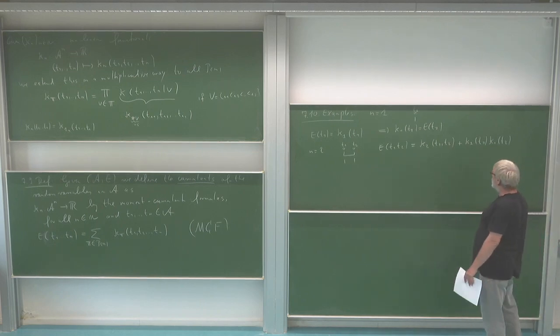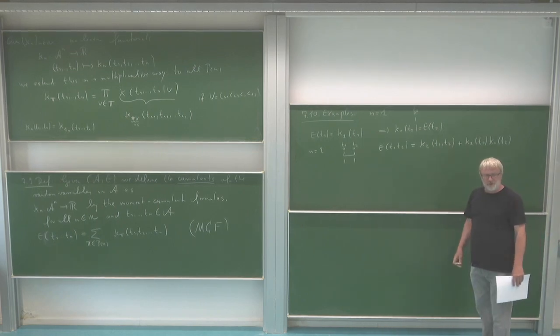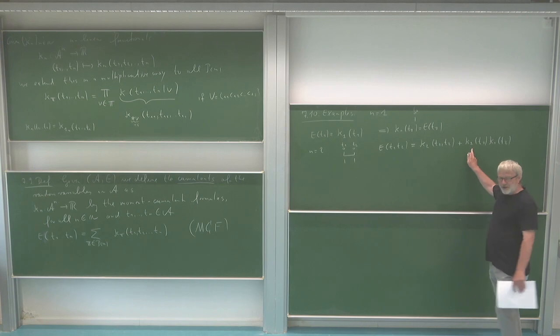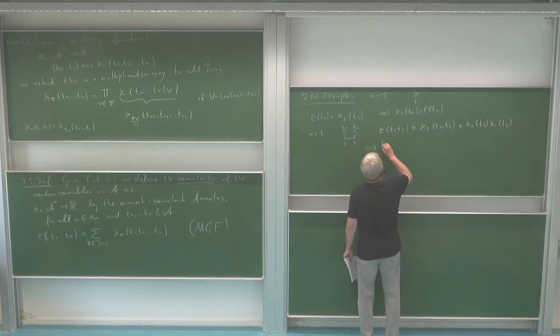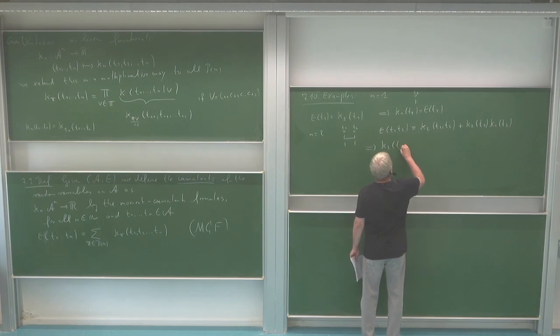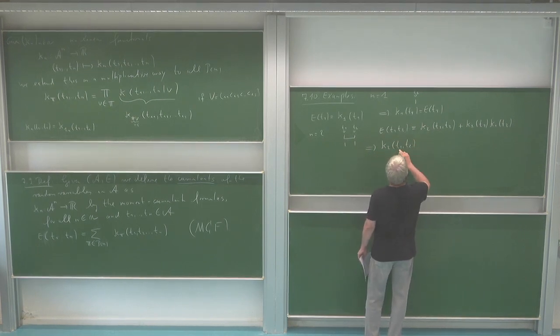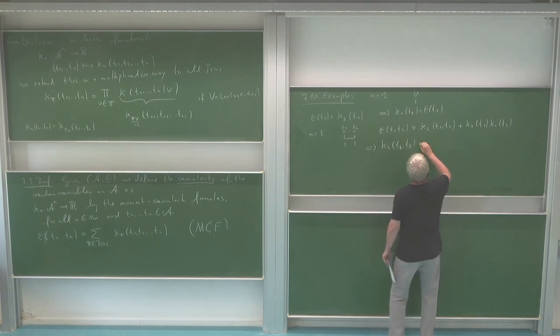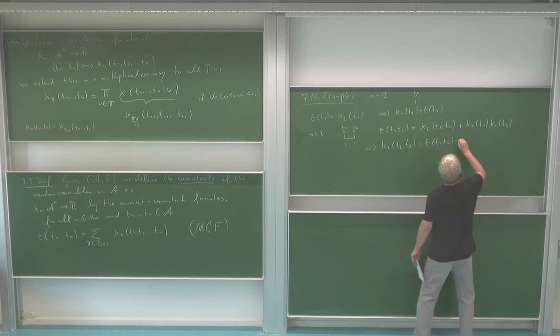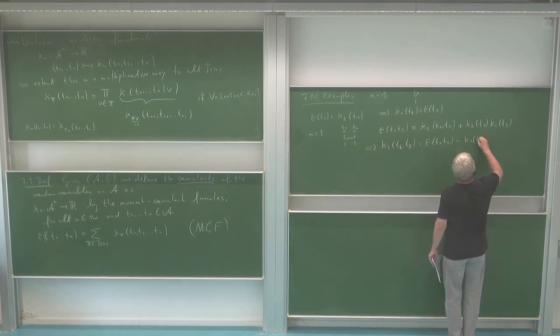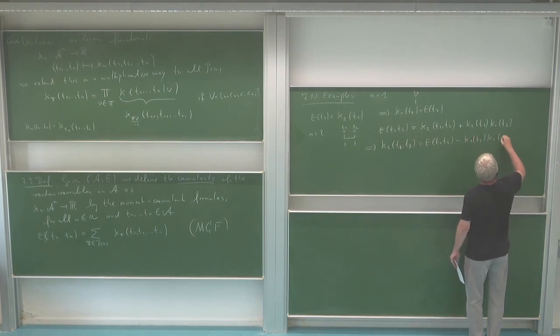Now you see this tells me what kappa 2 is, because I already know what kappa 1 is. So I can solve this for kappa 2 of T1, T2. This is equal to the expectation of T1 times T2, minus kappa 1 of T1 times kappa 1 of T2.